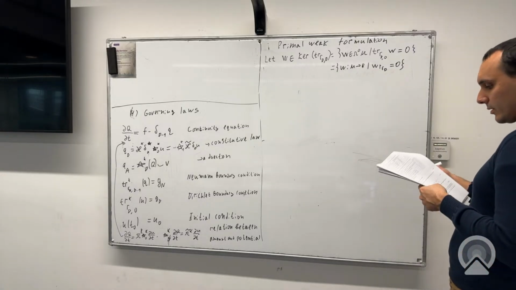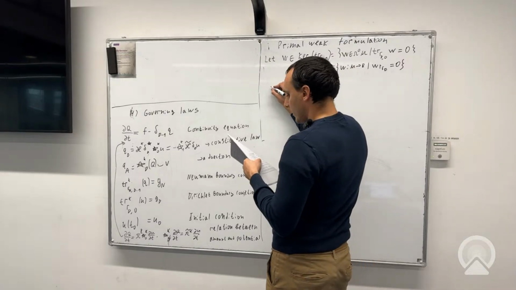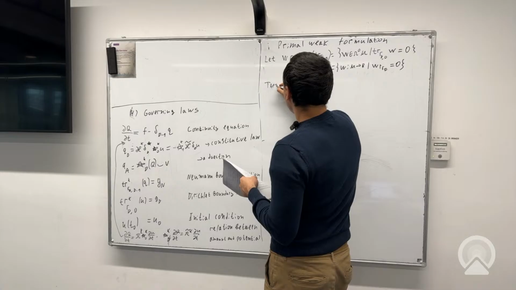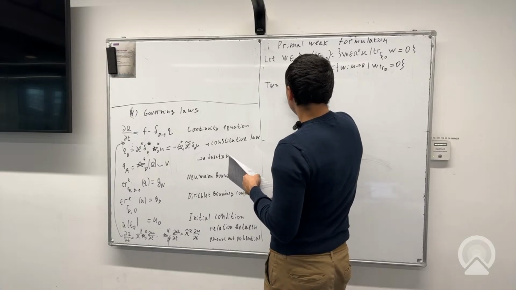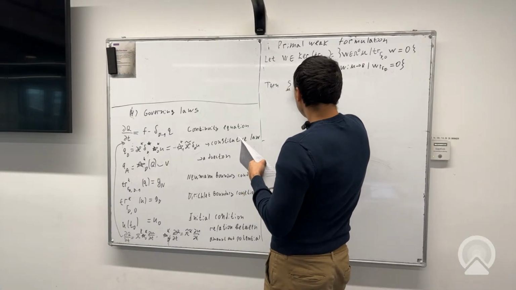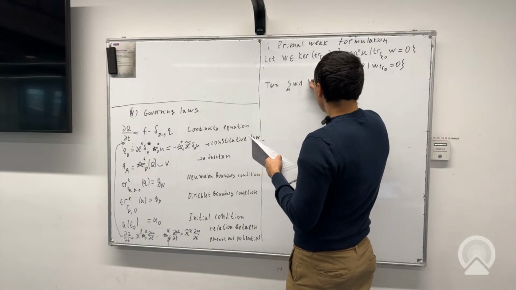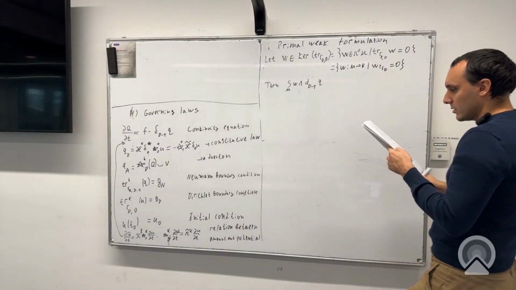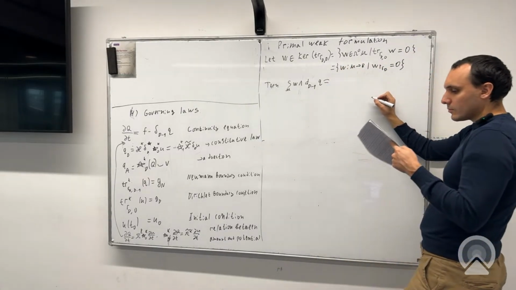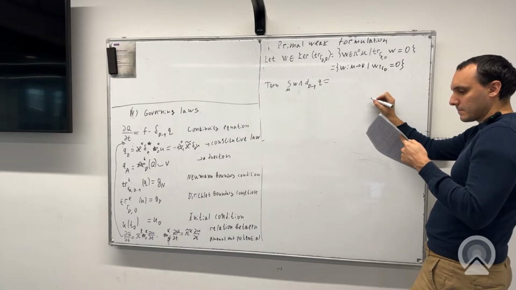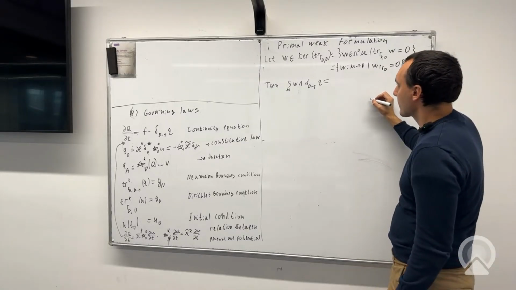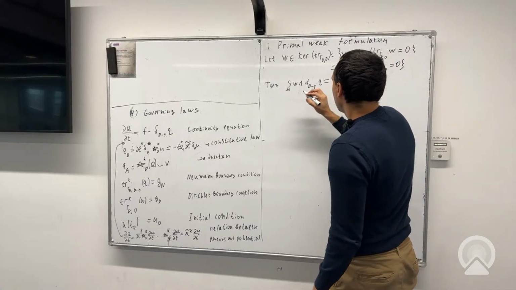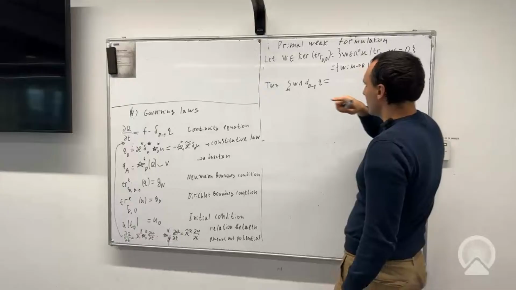Now let's calculate this term here. Integral over M of omega and d minus 1 q, we'll see why we use this term. We can interchange because this is 0-dimensional.